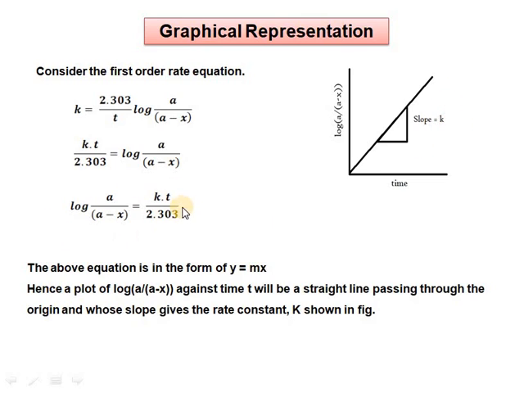This equation can be written in the form of y is equal to mx, and hence the plot of log of A upon A minus X against T will be a straight line passing through the origin, whose slope gives the rate constant for the reaction, as shown in these figures in the graphs.